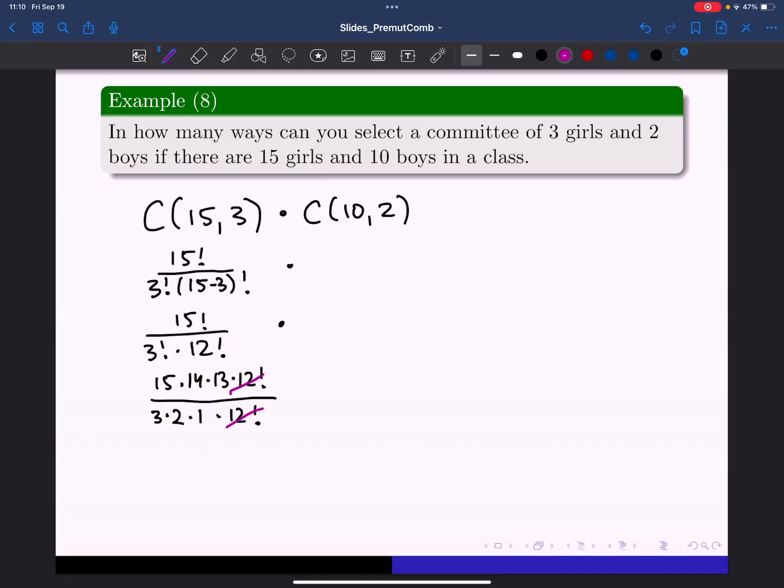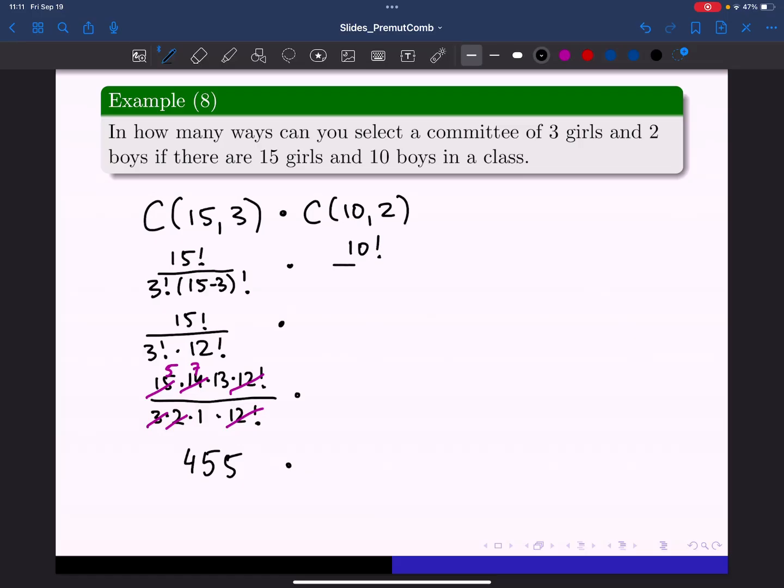The 12 factorial cancels out. 3 and 15 reduces to 5, 2 and 14 reduces to 7. So this part gives us 455. And then we're going to multiply, and we do the same.